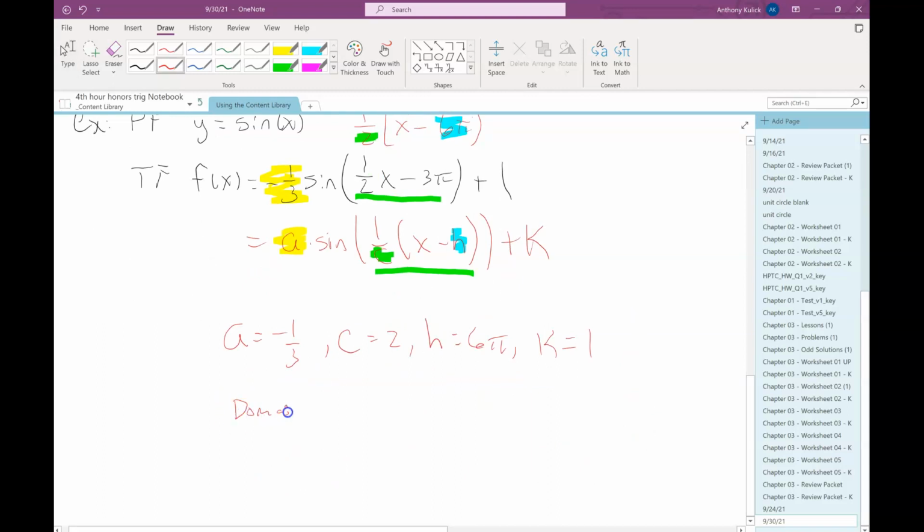What's the domain going to be here? All real numbers. Easiest question we have for these, right? Doesn't matter what you do to it. Stays the same. What's the range going to be? So remember, it goes k minus absolute value of a to k plus absolute value of a. So the k in this case is 1, and the absolute value of a is 1/3.